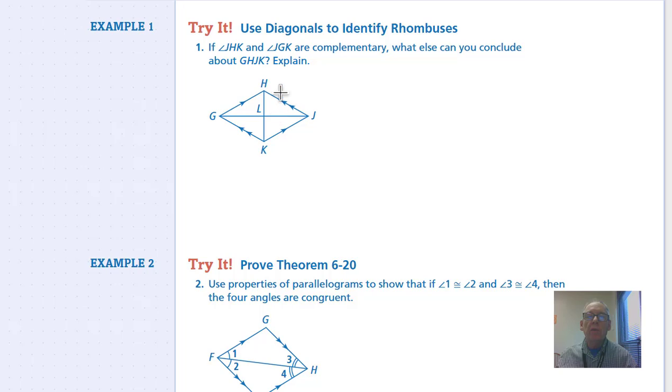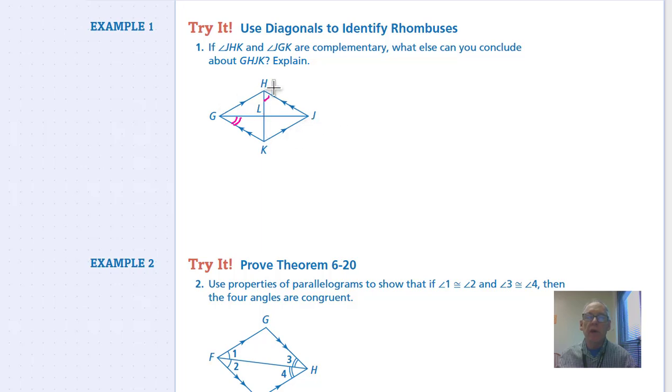Okay, example 1, using diagonals to identify a parallelogram. See what we've got. If angle JHK and angle JGK are complementary, that means these are going to add to 90 degrees.